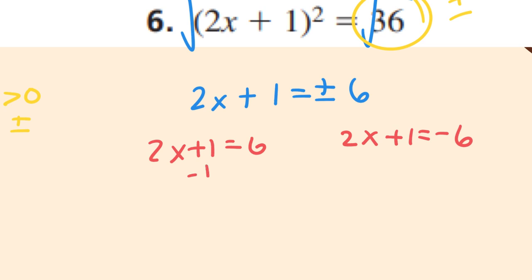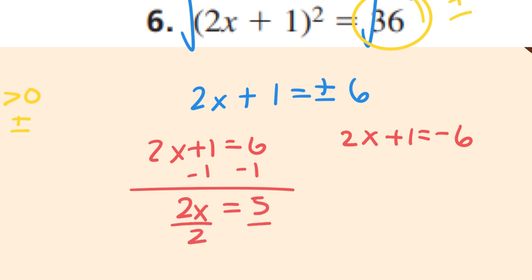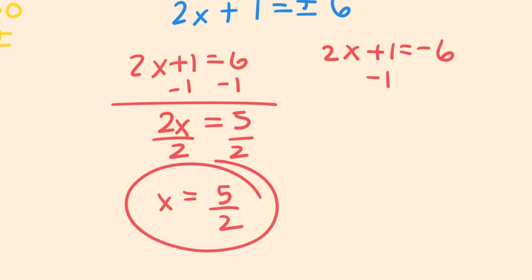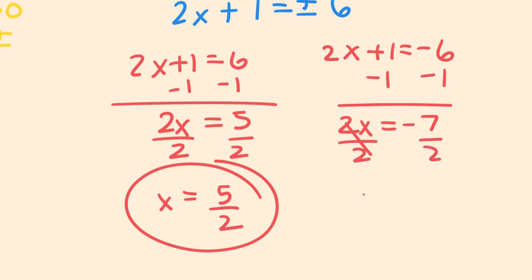If I subtract 1 from both sides, I'm left with 2x equals 5, divided by 2. X equals 5 over 2. If I subtract the 1 on the other side, I'm left with 2x equals negative 7, divided by 2. I'm left with x equals negative 7 over 2.